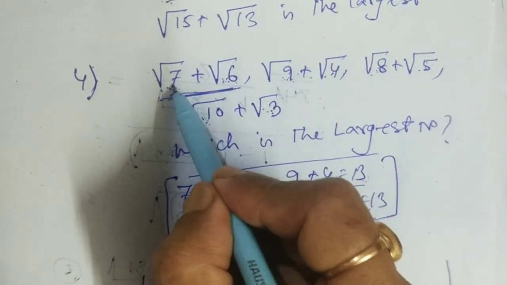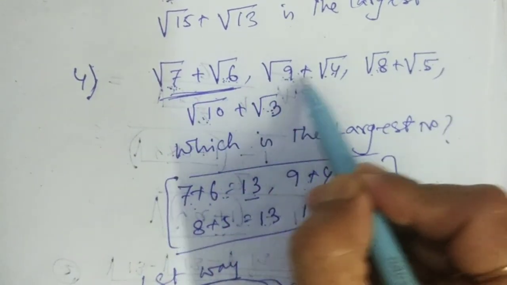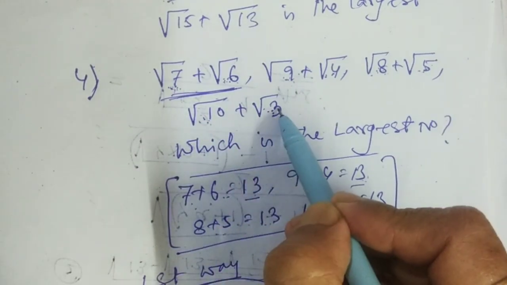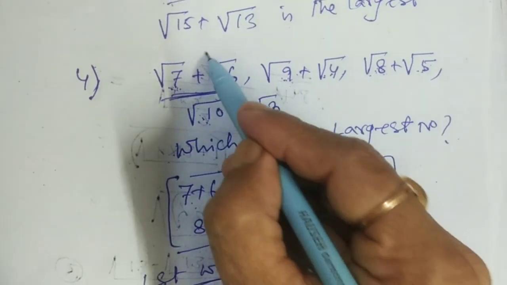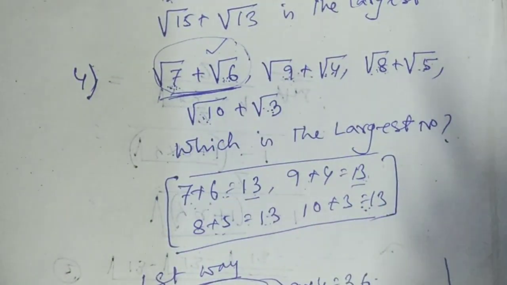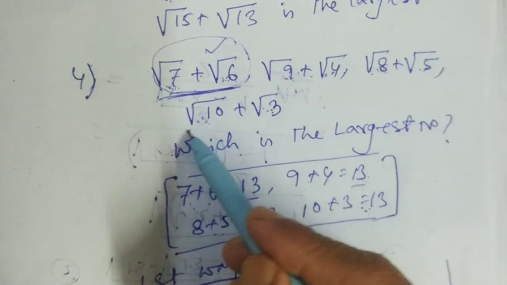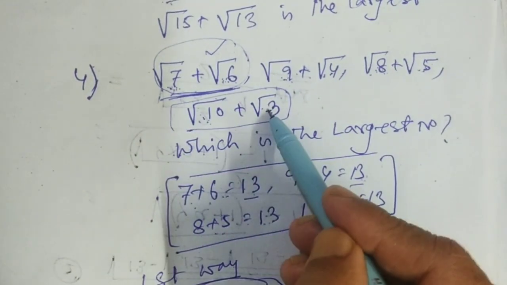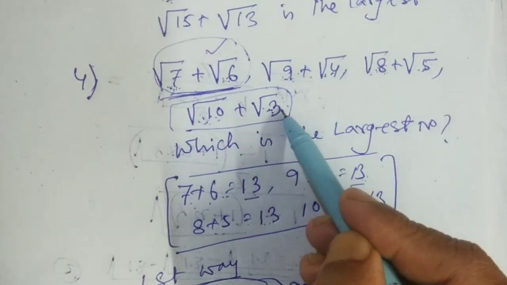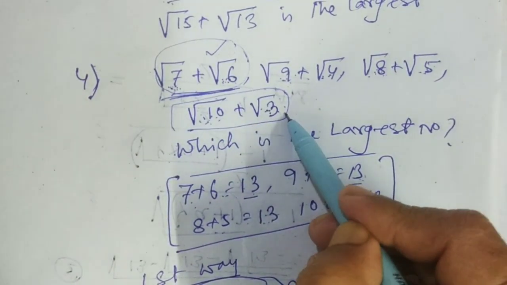Find the difference. 7 minus 6 is 1, 9 minus 4 is 5, 8 minus 5 is 3 and 10 minus 3 is 7. So the difference is minimum here. So this is the largest number. And the difference is maximum here, root 10 plus root 3. 10 minus 3 is 7. The difference is maximum here. So this is the smallest number.